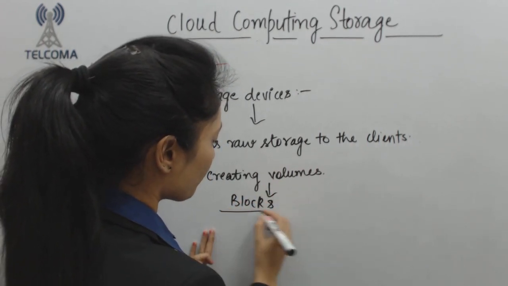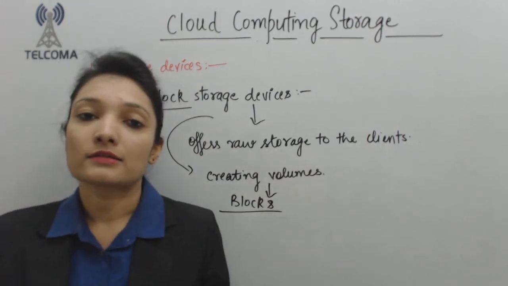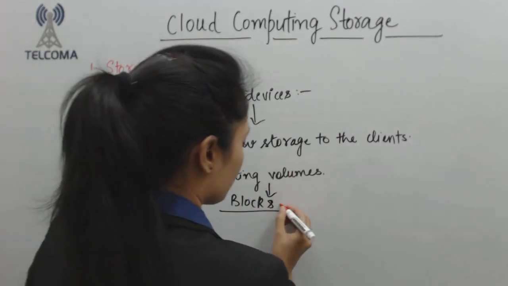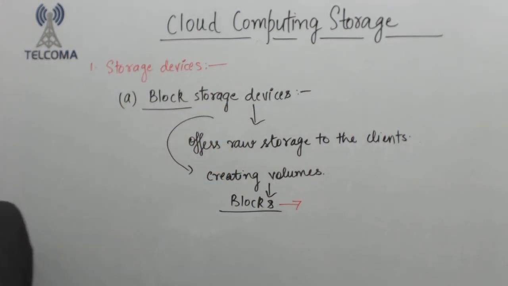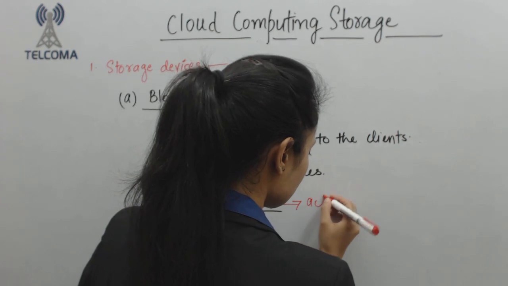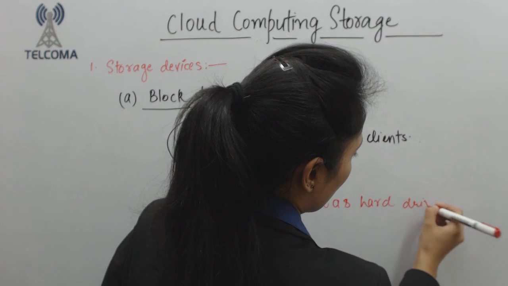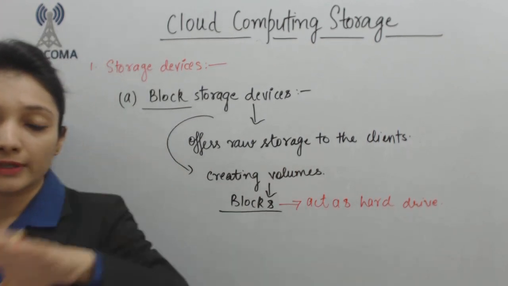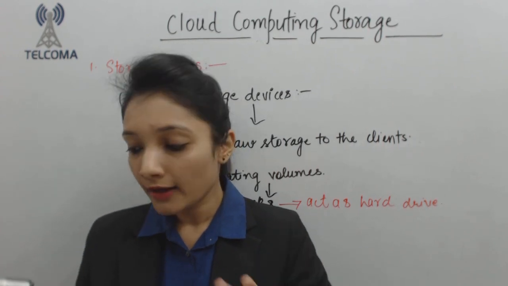This complete platform will be divided into blocks, and each block acts as an individual hard drive for storing the data. So these blocks are acting as your hard drives.